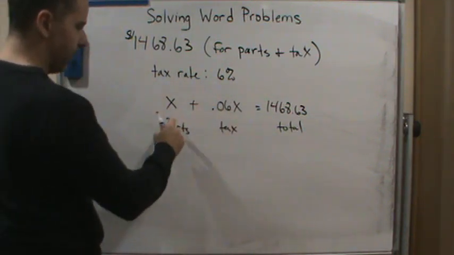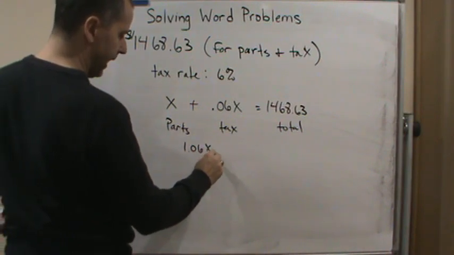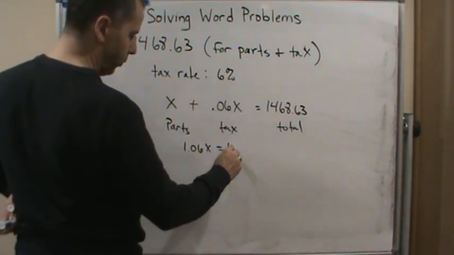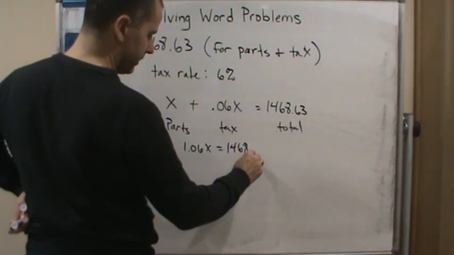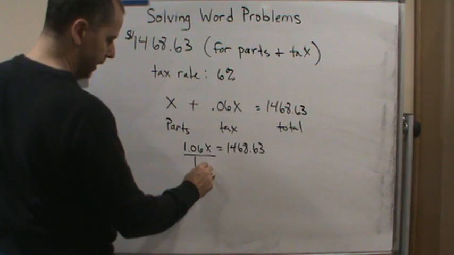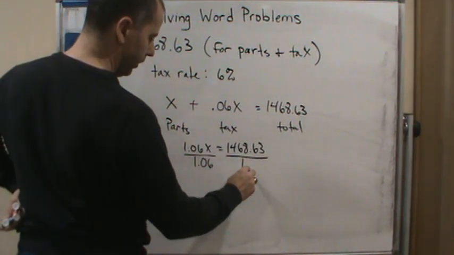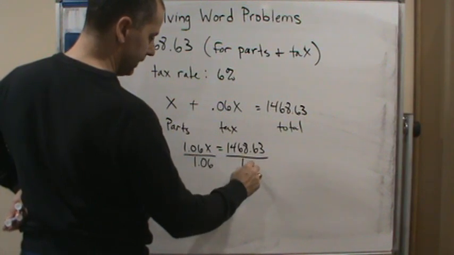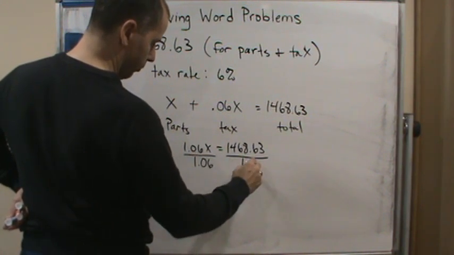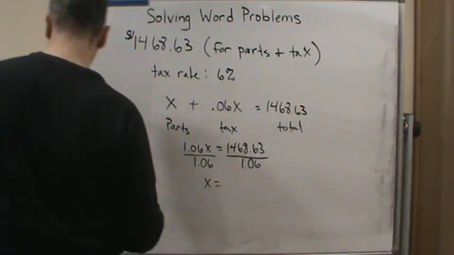If we combine like terms, this gives us 1.06x equals 1468.63, and then we divide both sides by 1.06, which is bigger than 1, which means that our answer is going to be less than the total, which is what we expect.